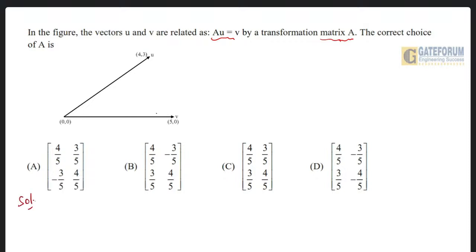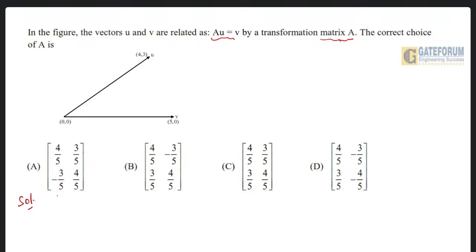Joining the origin to V, that is the vector V bar. I can write 5i plus 0j because it is two-dimensional. And the u vector is 4i plus 3j.